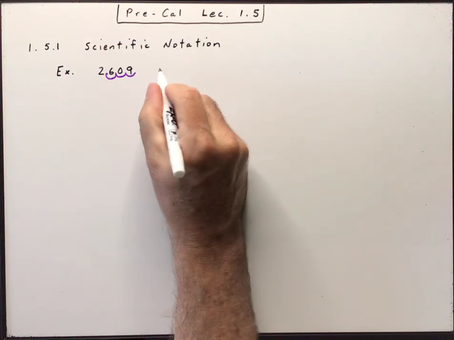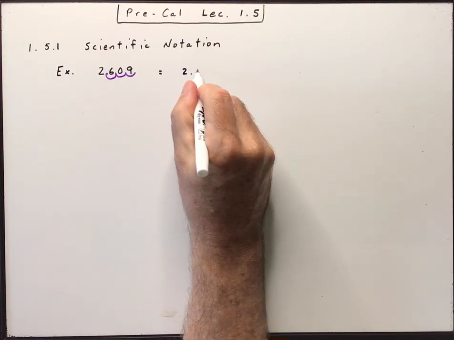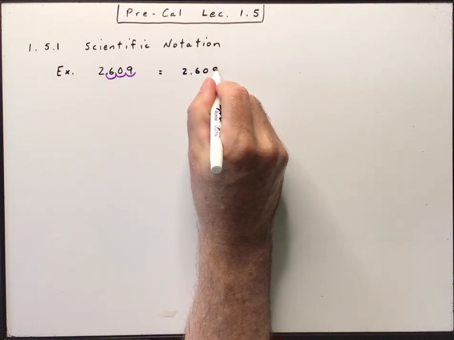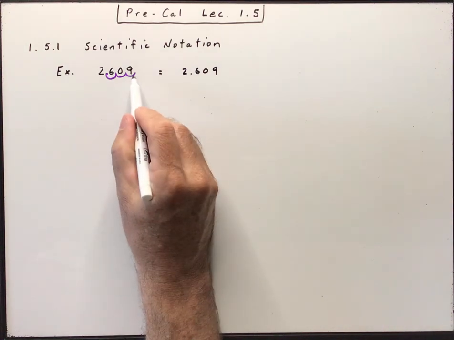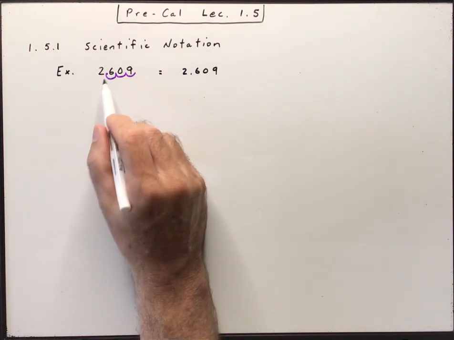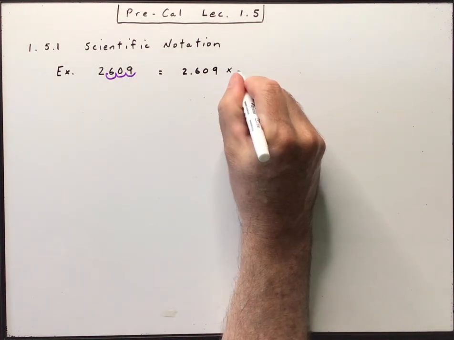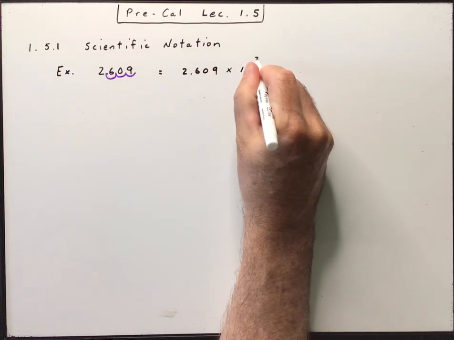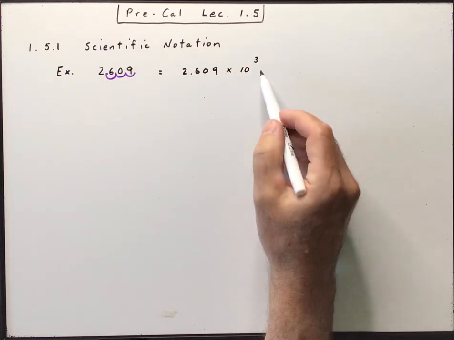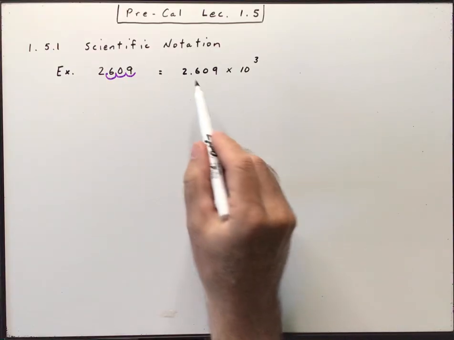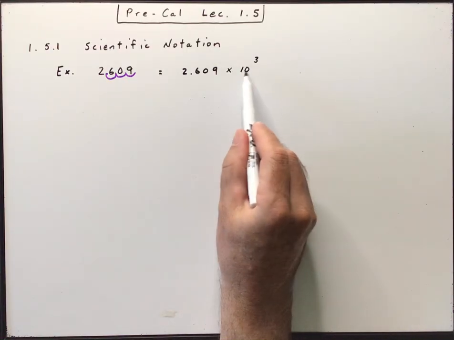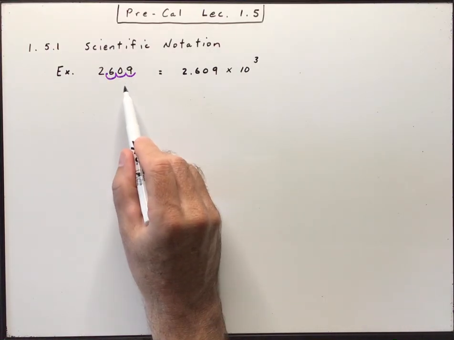So this would be 2.609, and we moved the decimal 3 places, so that would be times 10 to the third. 10 to the third is 1,000, so 2.609 times 1,000 would give you 2609.